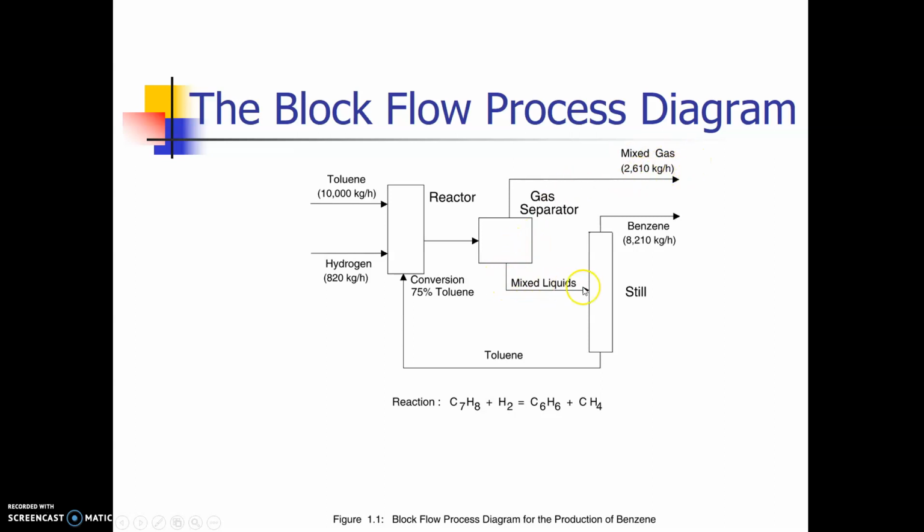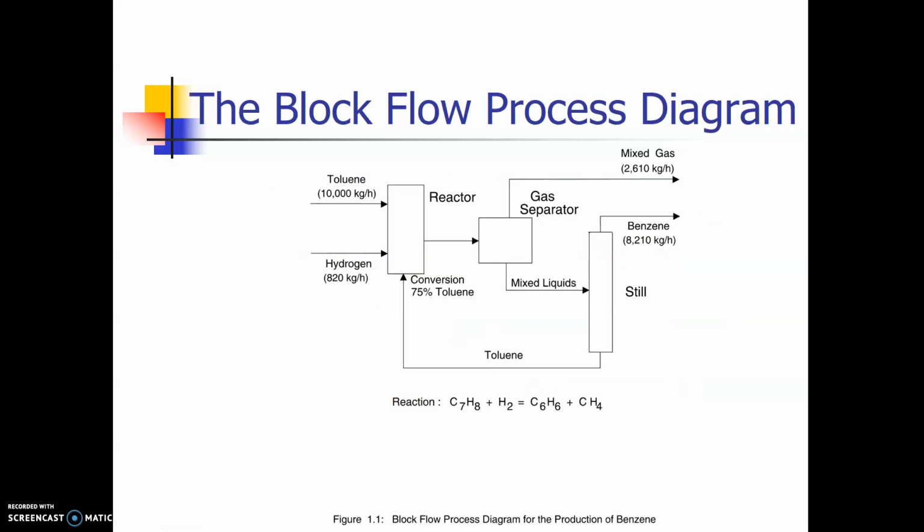If it's a liquid, it will go down to the distillation, and the still will distill the benzene off. And if there's any toluene left over, it gets condensed and recycled back in. What you're trying to do is take all this toluene here and turn it into benzene, our end product, which is here.